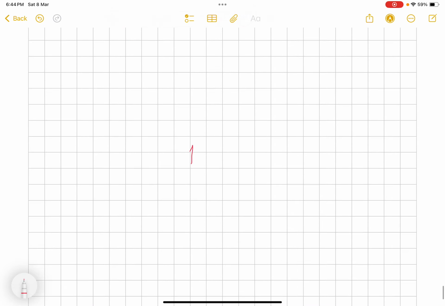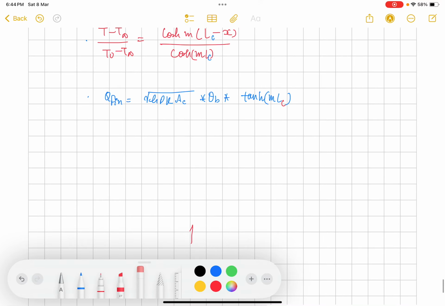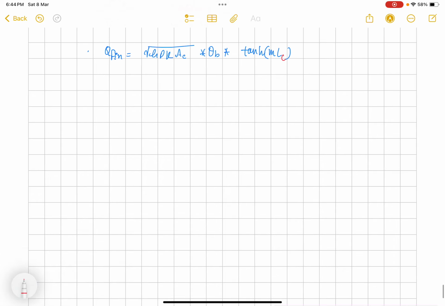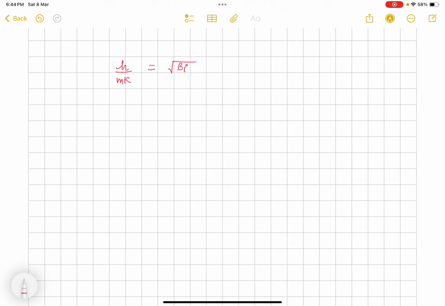so there is one small thing we should know before moving forward. h by mk is generally the square root of the Biot number. If h by mk is very high, meaning greater than 1, then the fin acts as an insulator.